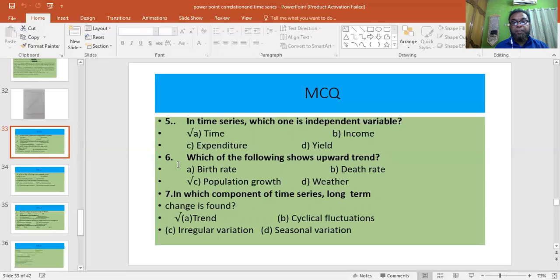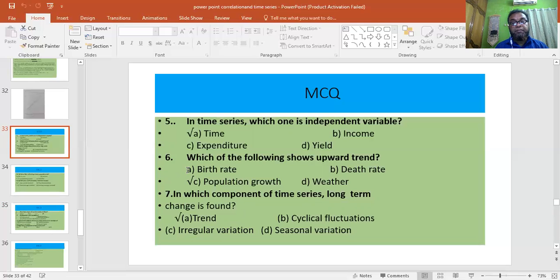Sometimes in Bangladesh, birth rate was 4, 5, then 3, 2, now 1.7. Death rate is also decreasing. Growth of population is increasing. Once it was 7 crore, now it is near about 18 crore. That's why it is upward trend. Whether it may be changed, okay, it may be changed. But population growth is upward trend.